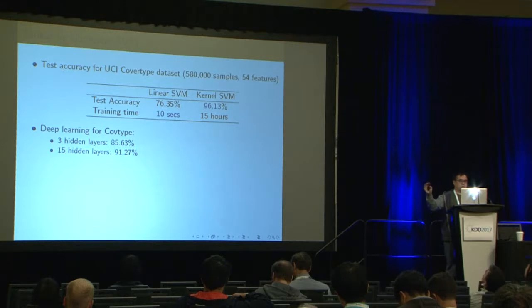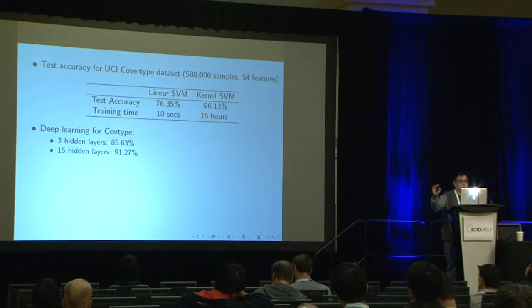Basically, you are given the features for this cover, and you want to predict the cover type. In this dataset, if you use linear SVM, then you can only get 76% accuracy, which is very bad. It's a binary classification problem. So this means the data is not linearly separable.